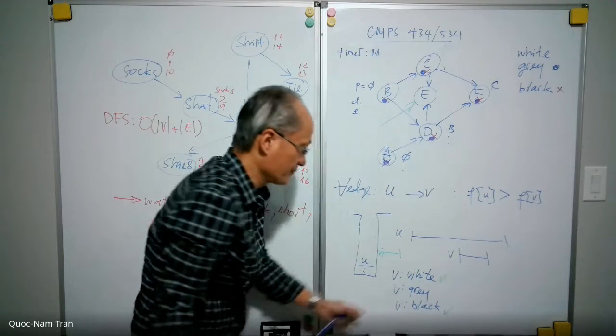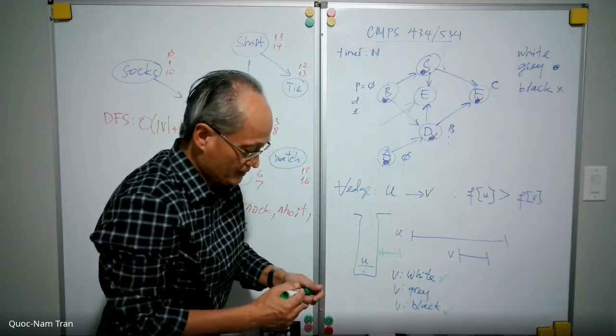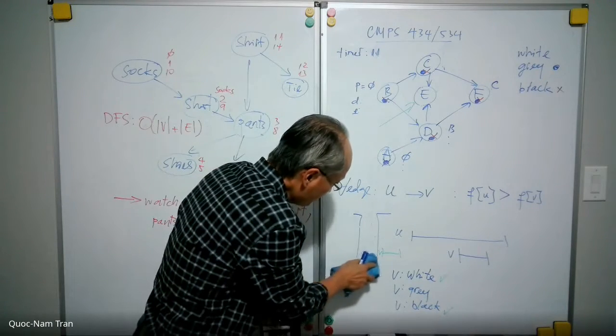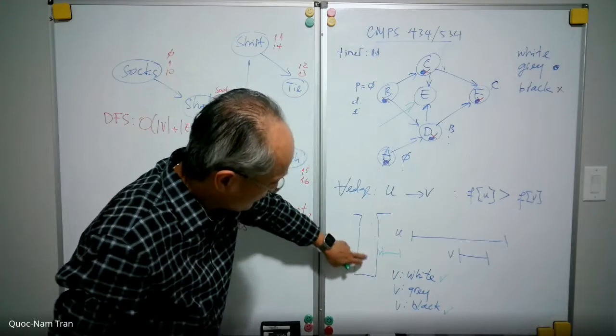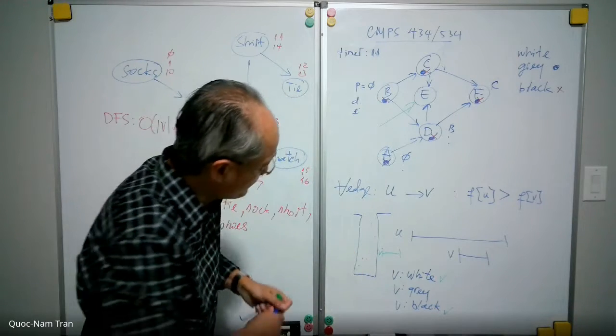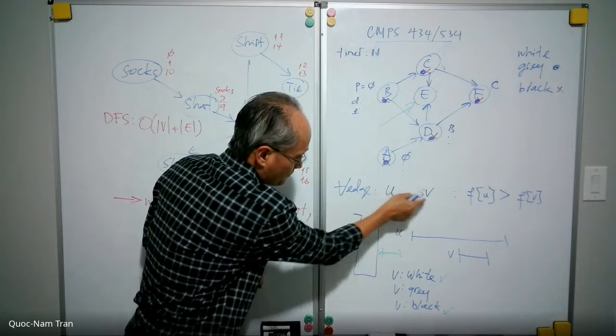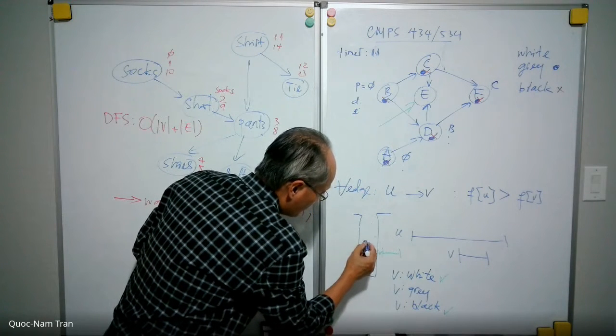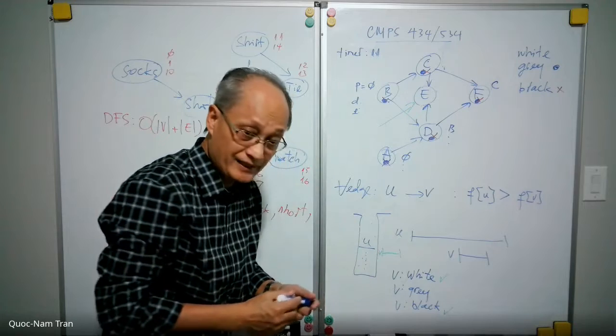Now, v is gray. What does it mean? V is gray means that at the time we have u to v, it can be something here. Now we have u, right?